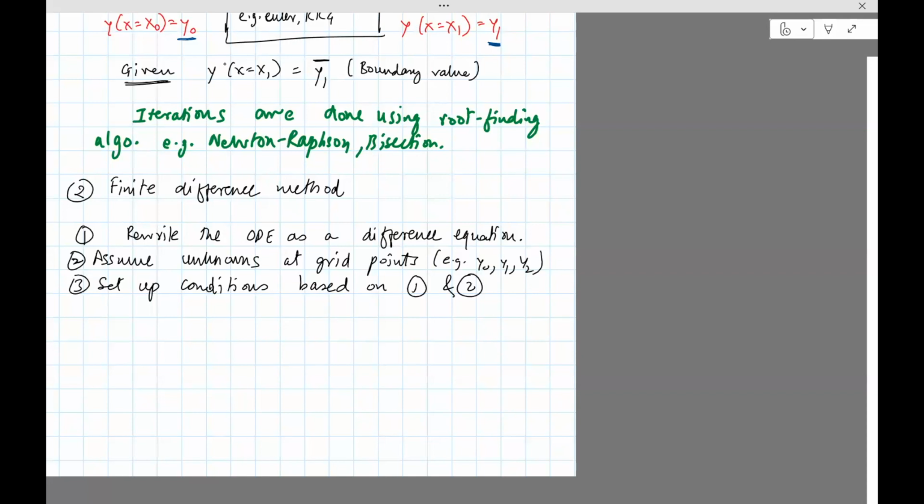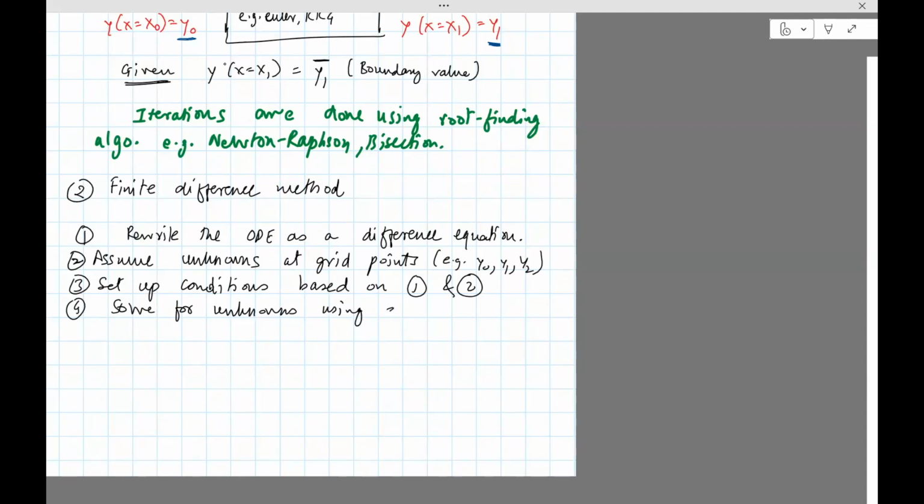That is, you have a difference equation, you have some unknowns. Just set up conditions. So you'll see that the condition for Euler's will be y1 equals y0 plus delta times f of x comma y. That would be the condition. And then at some point, the condition would be that you know the boundary value, whatever is given to you. And then solve for unknowns.